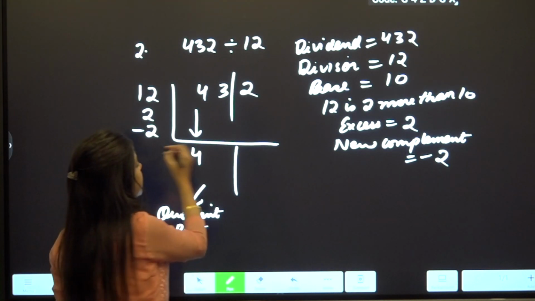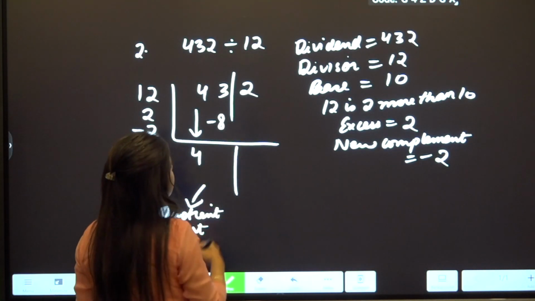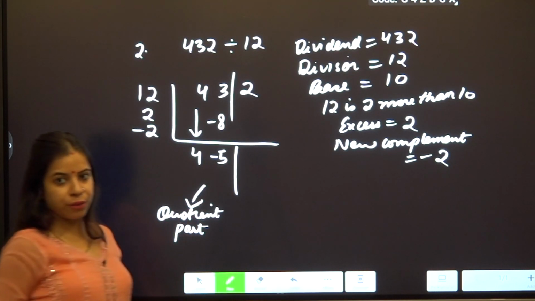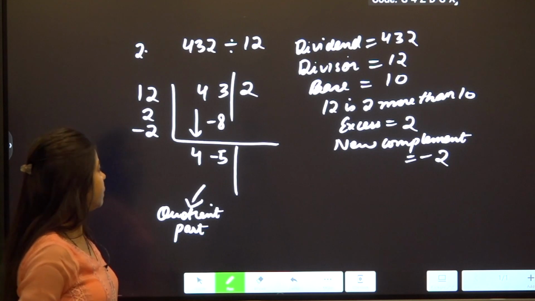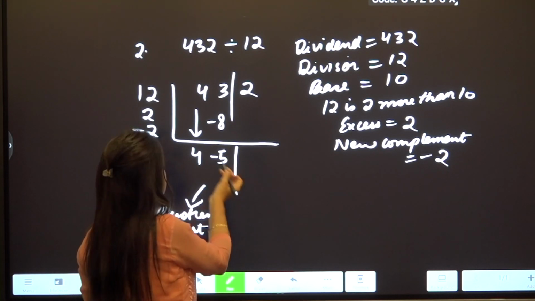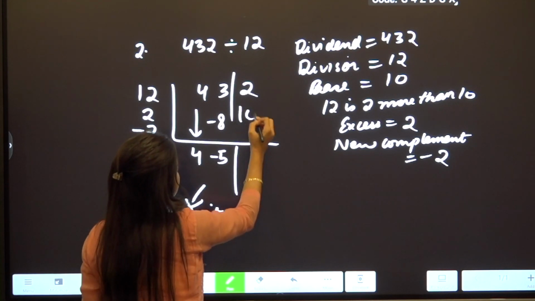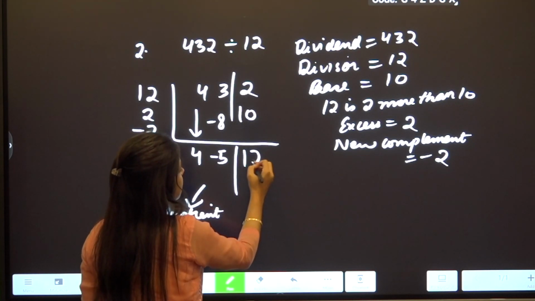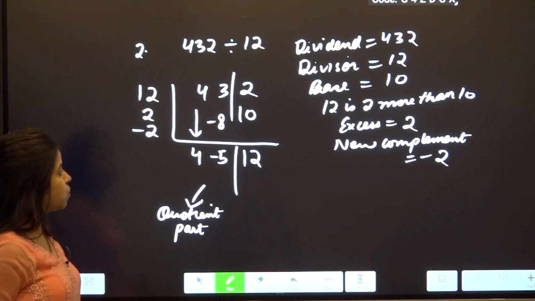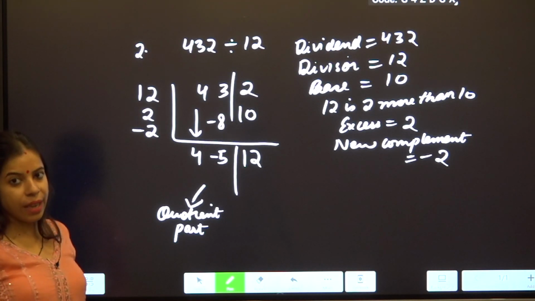So this is minus 8. So I am going to write here minus 8. Minus 8 plus 3 is minus 5. Okay. And for the next, again I am going to multiply minus 5 with minus 2, which is 10. And I am going to add this. This is 12. Fine. So this is not the final answer yet.